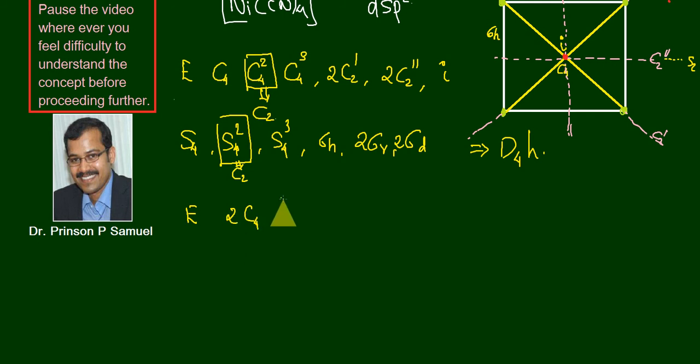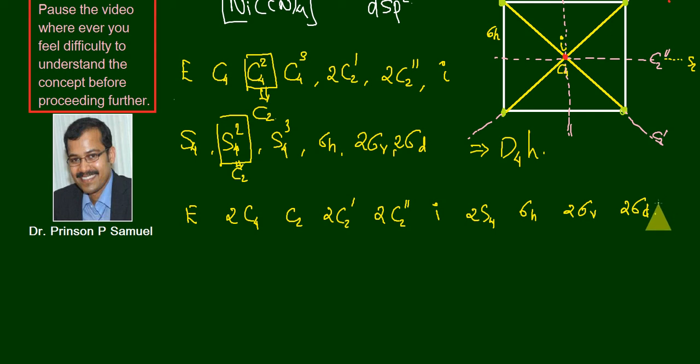Then we have C2, then 2C2 prime, then 2C2 double prime, then an inversion center i. Then we have 2S4, meaning S4 and S4 cube. Then sigma h, then 2 sigma v, and then 2 sigma d. These are the elements of the point group.